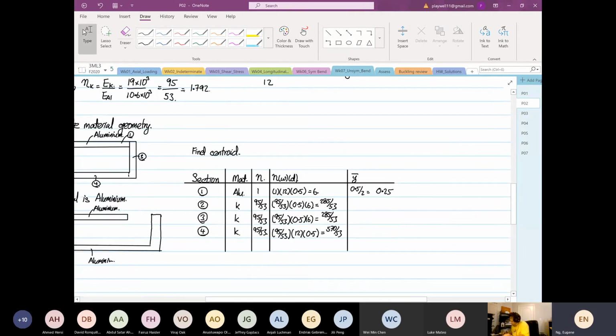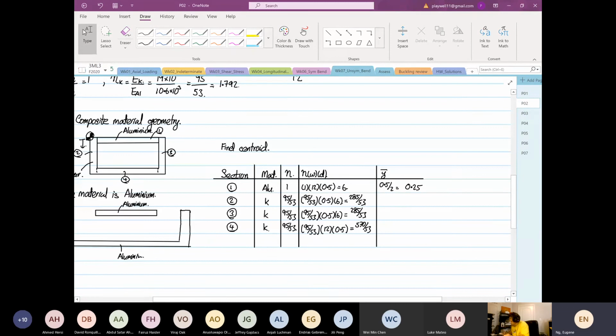Then 2 and 3 are the same: 6 divided by 2 is equal to 3. And the last one: the entire height is 6, so 6 minus 0.5 divided by 2, which is 5.75.